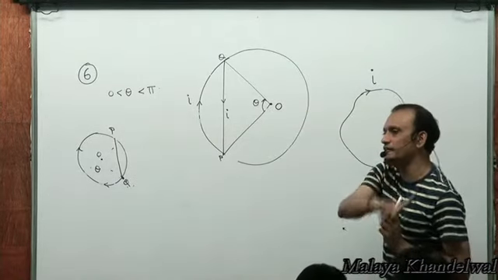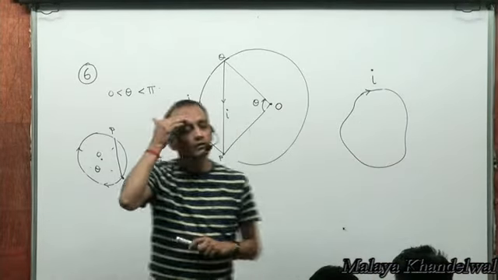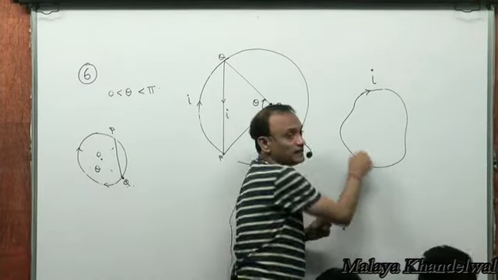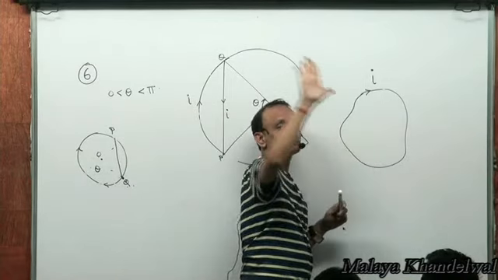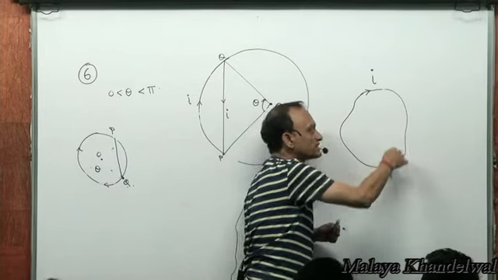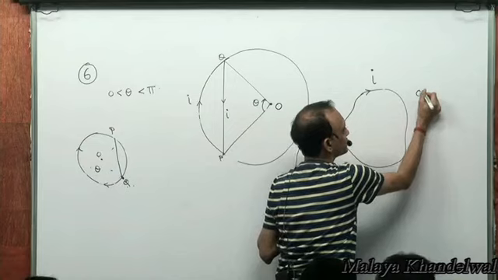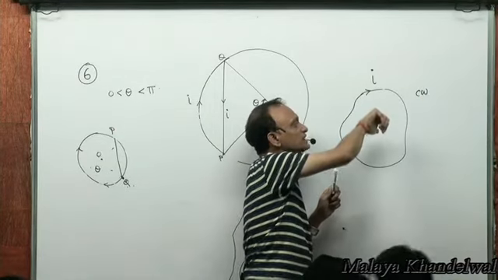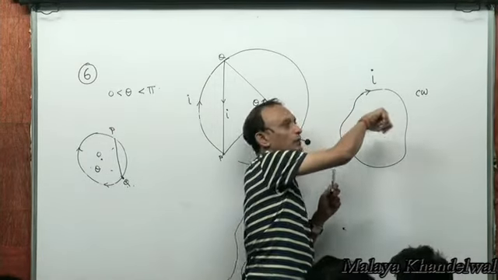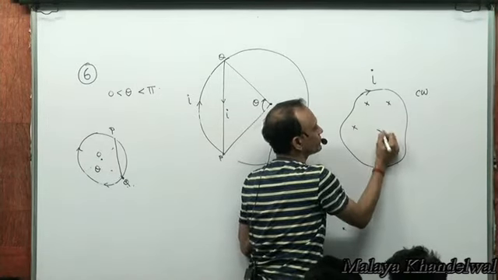If there is any current carrying loop, then the field inside this loop will always be into the plane. Say if it is clockwise like this, this is a clockwise current carrying loop, then the field inside this loop would be into the plane of the board.